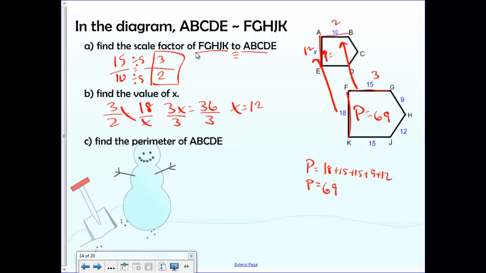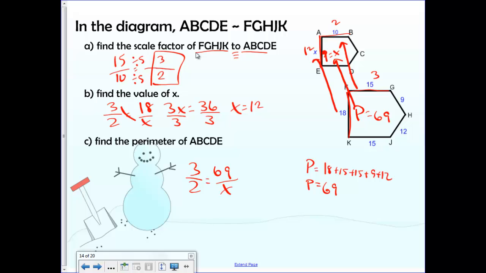So check out how this works. The scale factor is 3 to 2, and I know this perimeter is 69, and I don't know what that one is, so I can compare these. I've got these arrows telling me how to set it up. We have 3 to 2, and I'm going to compare 69 to x.